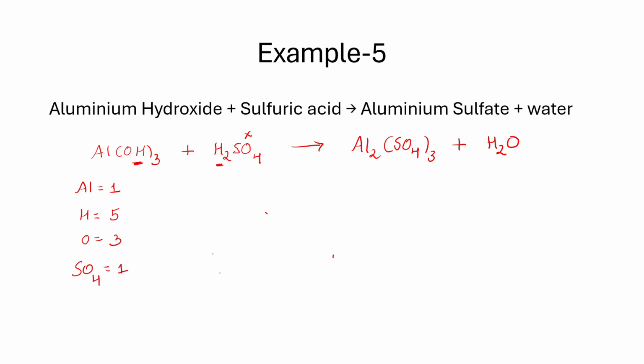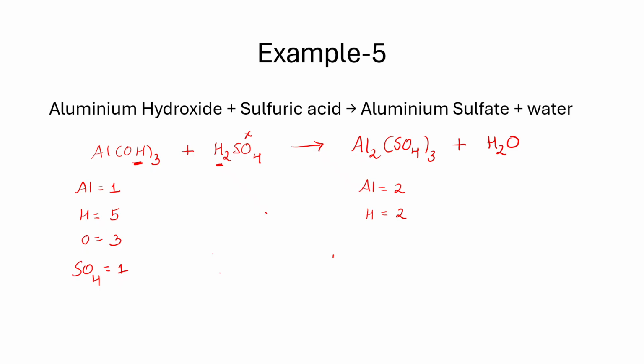Okay, let's now calculate the number of atoms or ions on the product side of the equation. So we have 2 aluminums. As for the number of hydrogens, we have 2 hydrogens, which is present in water.